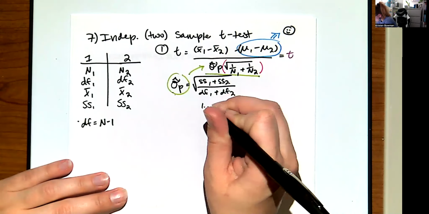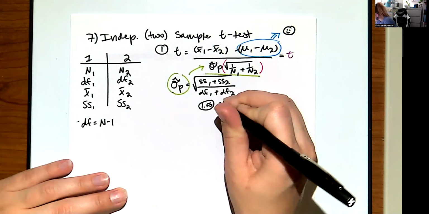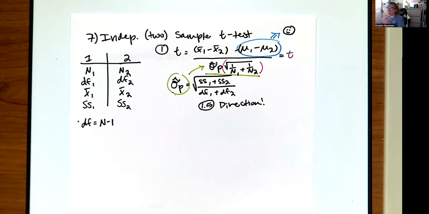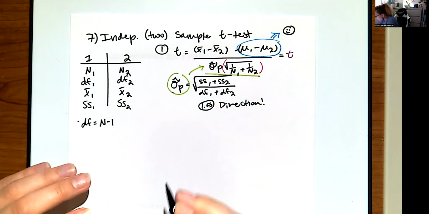So I'm going to put 1.5 as a step. Consider the direction of your hypothesis or the direction of your study, right? Greater than, less than, increase, decrease. Because remember that if it has a direction, you're going to do one direction. If it has two directions, you're going to do two directions. If it's in the middle, right? So make sure you take some time to consider that there.